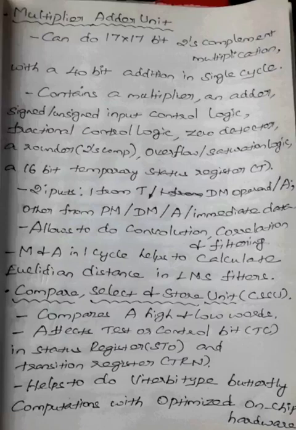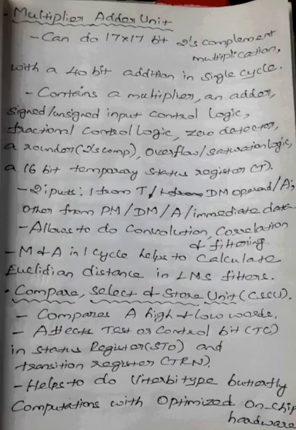This is one application I highlight. In LMS filtering operation, which is a topic under digital signal processing, we need to calculate Euclidean distance. With the help of this multiplier adder unit of the C54x digital signal processor, you can calculate the Euclidean distance within a single cycle.